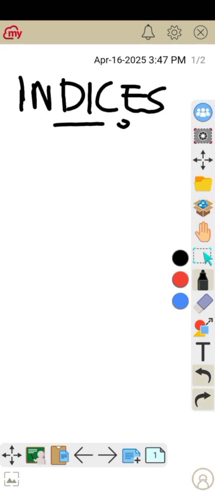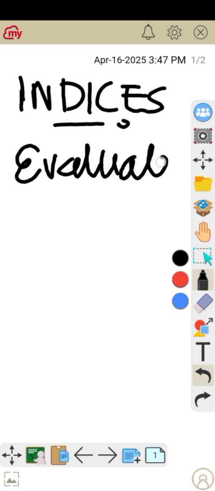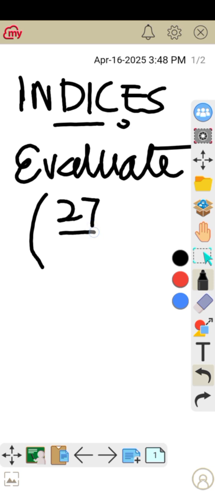Now, our first question is this. They said evaluate. Let's say we have something like this: 27 over 8, all raised to the power of 1 over 3.